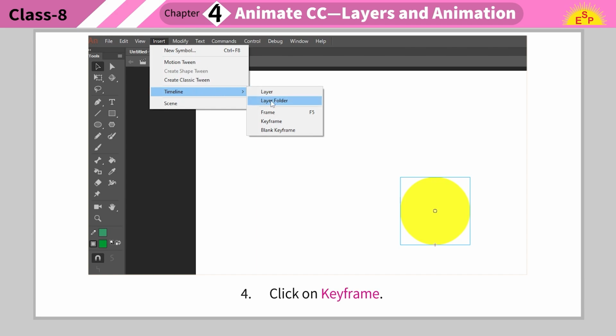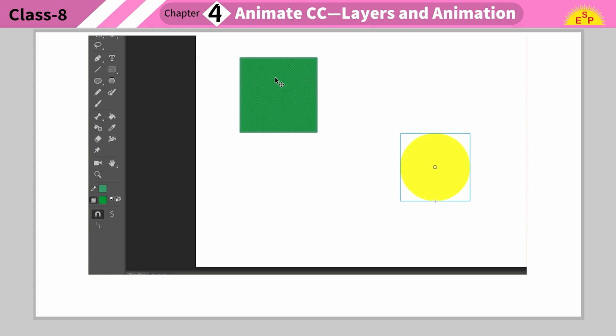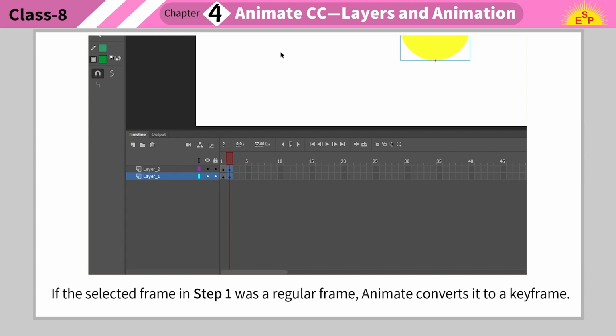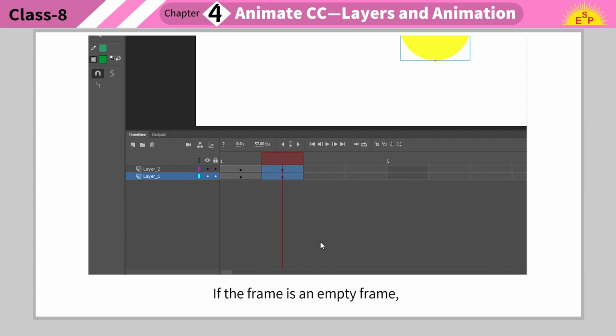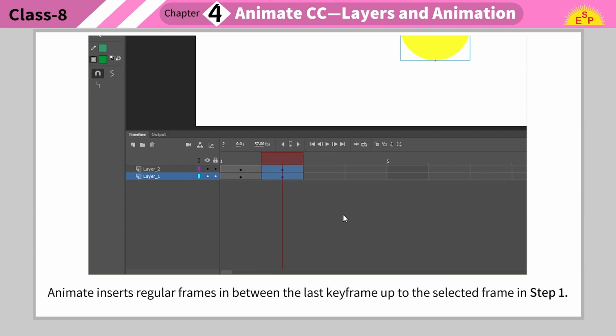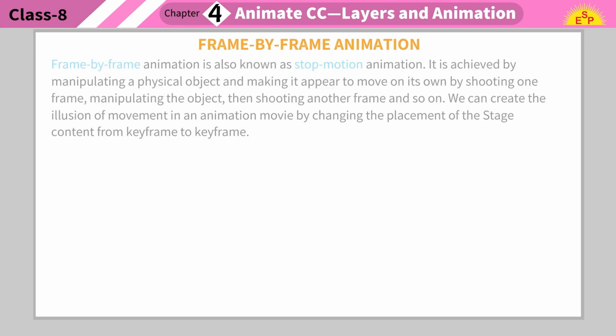Step 4. Click on Keyframe. If the selected frame in Step 1 was a regular frame, Animate converts it to a keyframe. If the frame is an empty frame, Animate inserts regular frames in between the last keyframe up to the selected frame in Step 1.